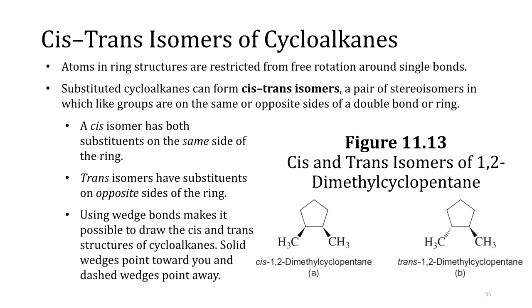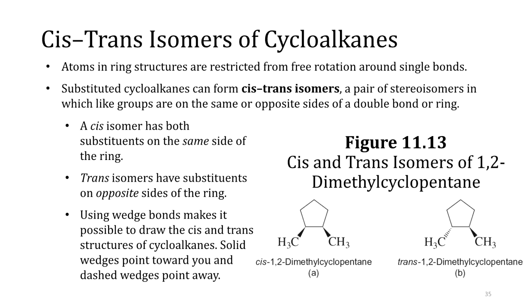So what that means is, if I have multiple substituents, multiple branches off of the cycloalkane, for example, in this picture for figure 11.13, I've got the dimethylcyclopentane. The methyl groups could both be on top of the cycloalkane, or one can be on top and one can be on bottom.